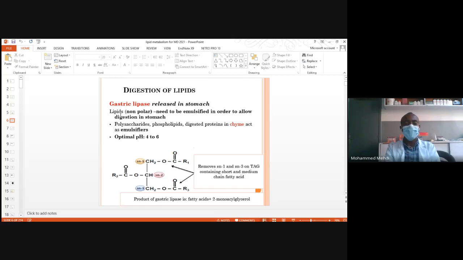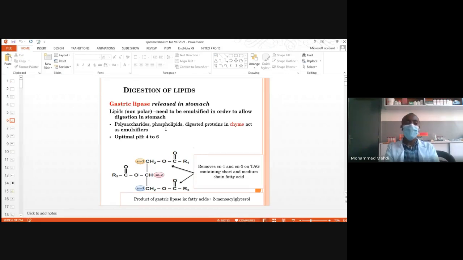This enzyme requires emulsification in order to allow digestion in the stomach. This emulsification function is given by bile salts in the small intestine, but in the stomach we have polysaccharides and phospholipids, plus protein, that give the emulsification function.